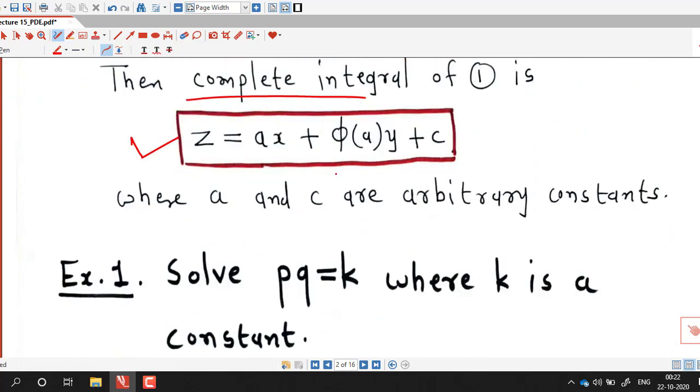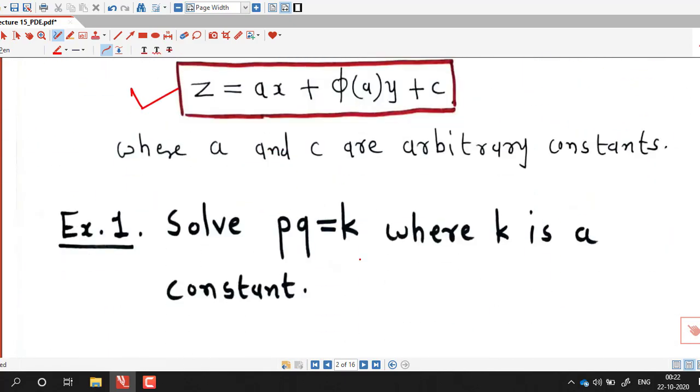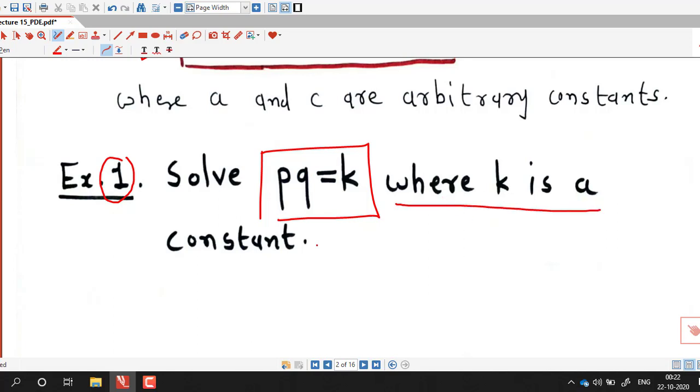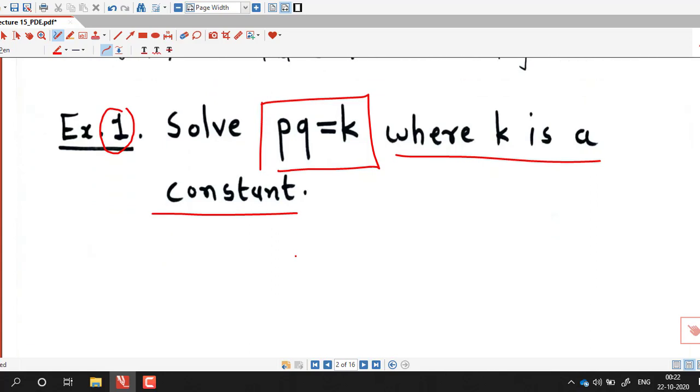So let's try to understand this shortcut method using example number 1. We are asked to solve this partial differential equation, which is non-linear. You can see a product of derivatives is present, so this is non-linear, and this k is a fixed constant. In this equation we can see only p and q are present, so we can apply that shortcut method.